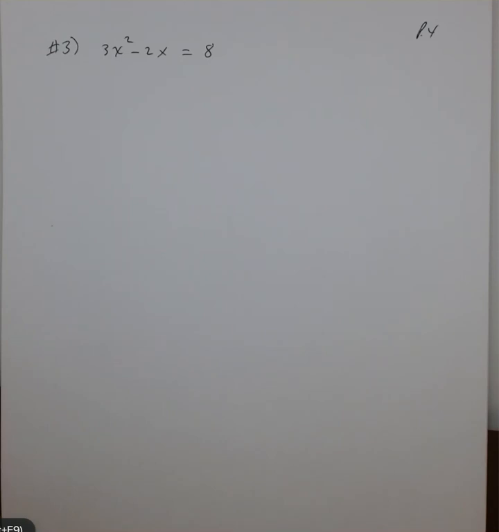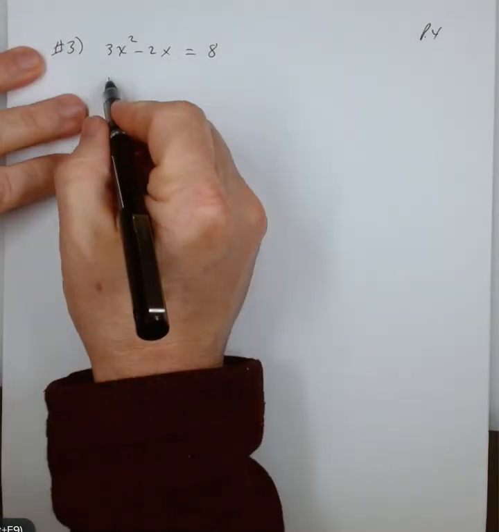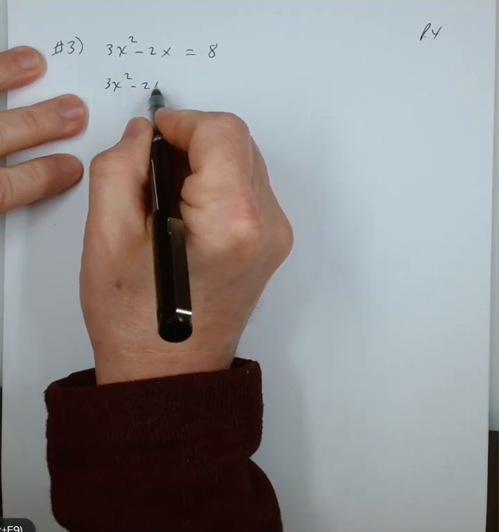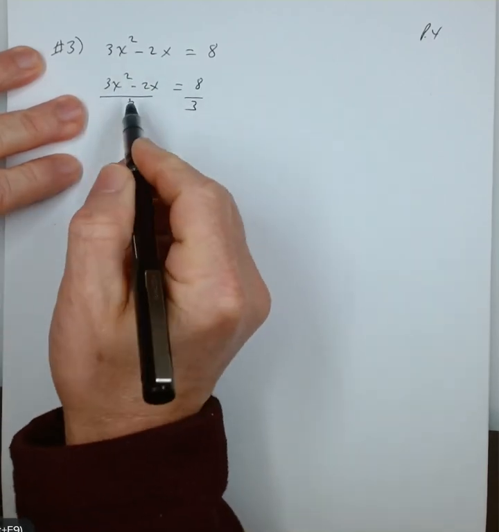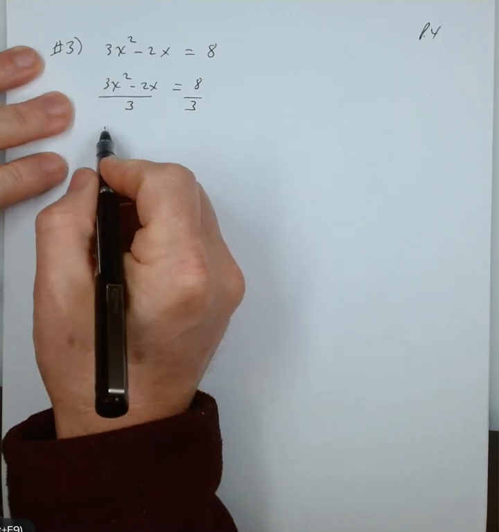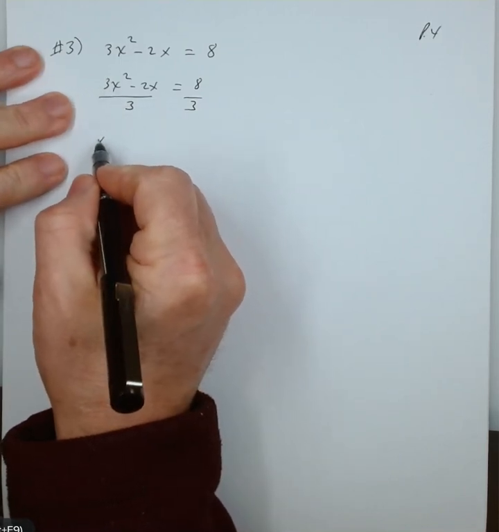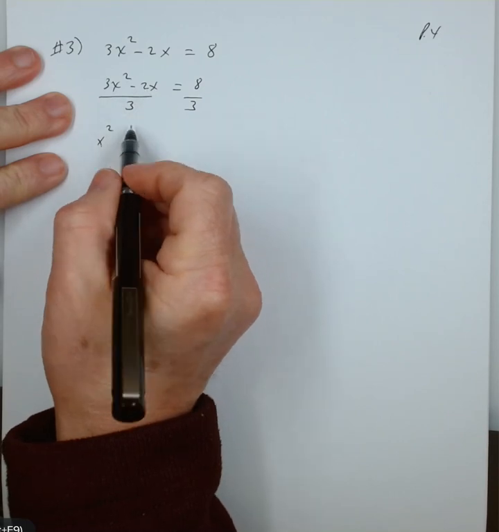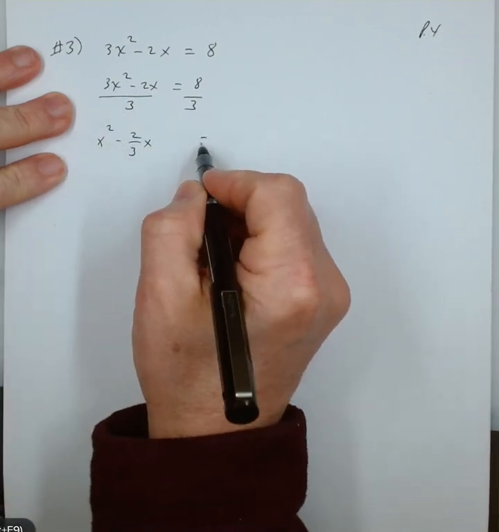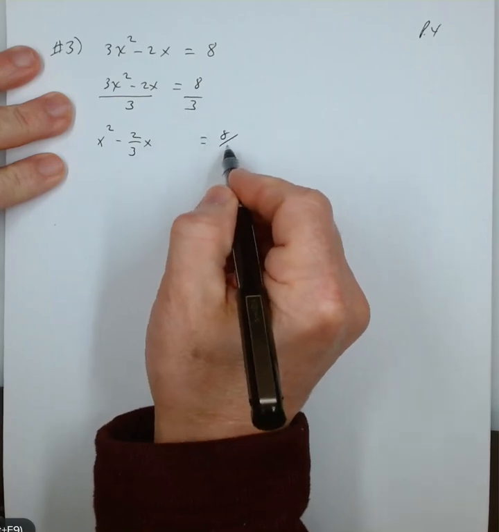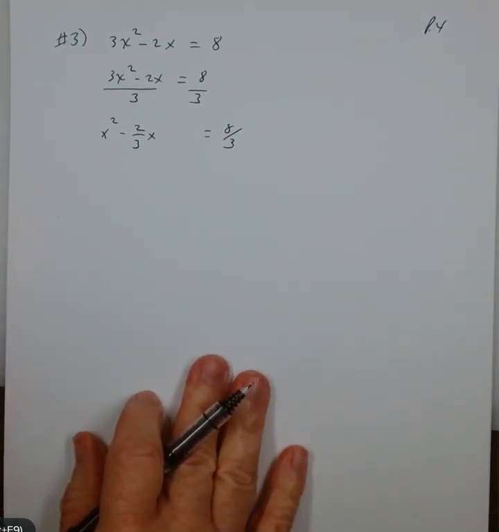Divide by 3. Divide both sides by 3. All right, so 3x squared divided by 3 is x squared minus 2/3 x, right? And leave some space, equals, and then 8/3. All right, so that's where we're at.